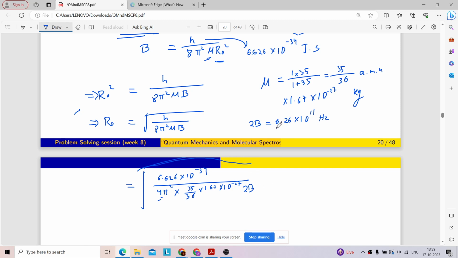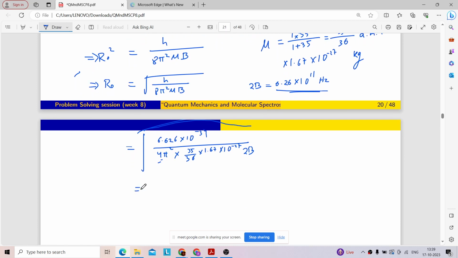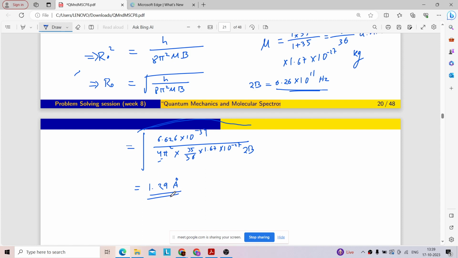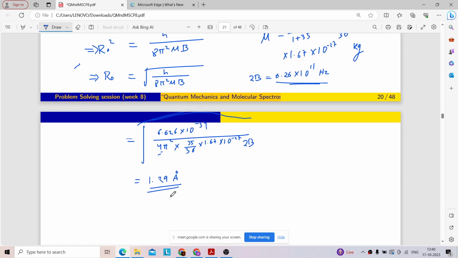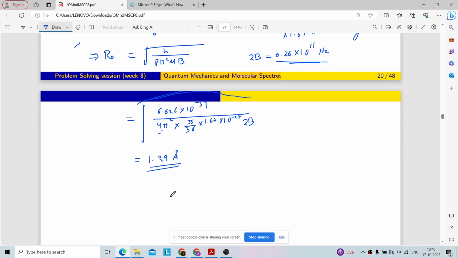The 2B value and all the parameters we already have. If you do this, you will get 1.29 angstrom. Just verify, maybe there is some calculation mistake. Check it. Okay, good, but the order is the same, angstrom.